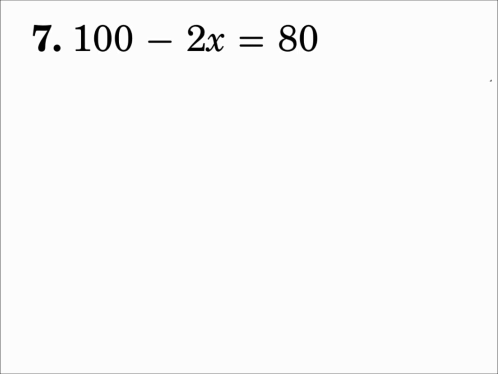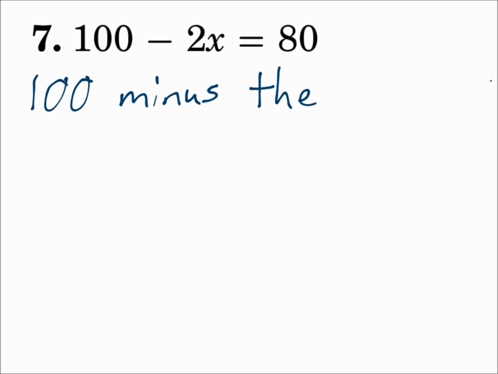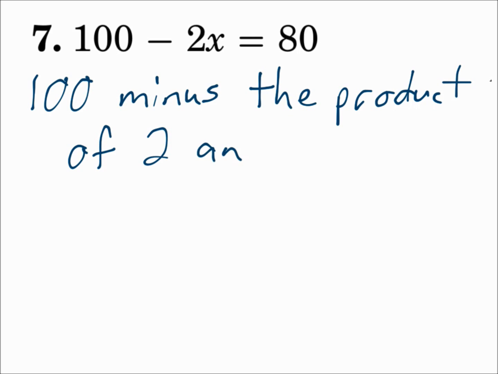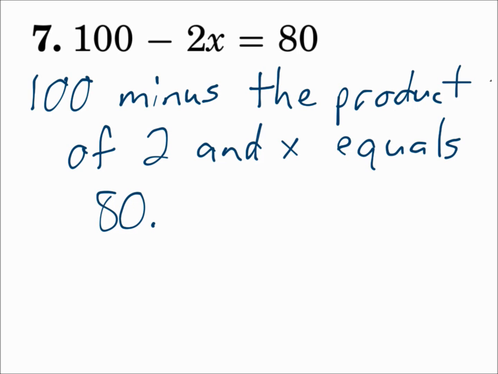Number 7. 100 minus 2x equals 80. Well, 100 is 100. Minus is minus. And I'm saying 2 times x, which is the product of 2 and x. Equals is equals, and it equals 80.